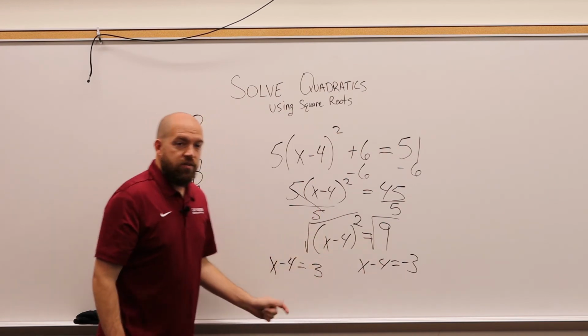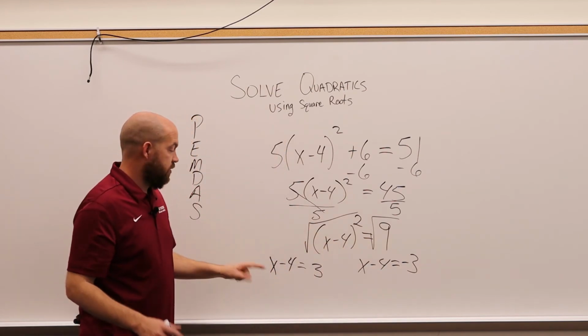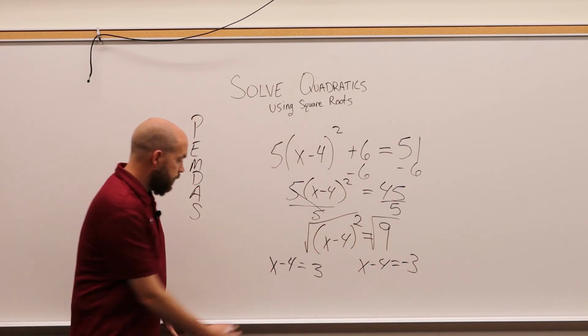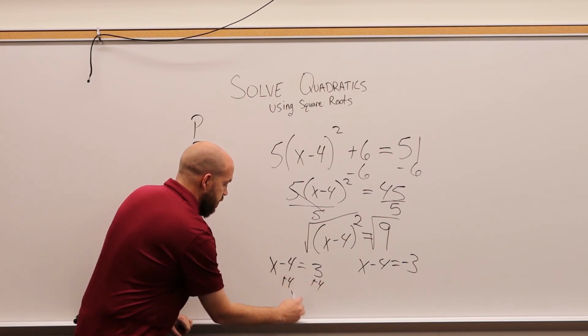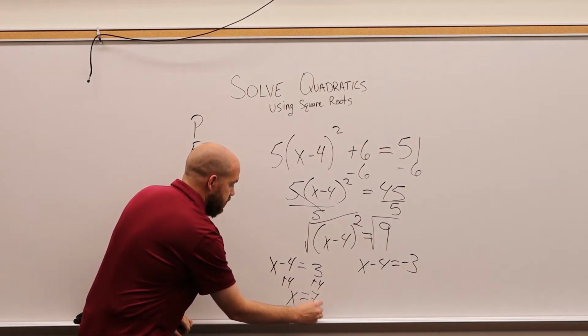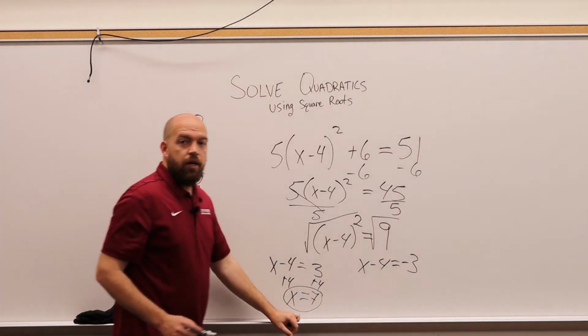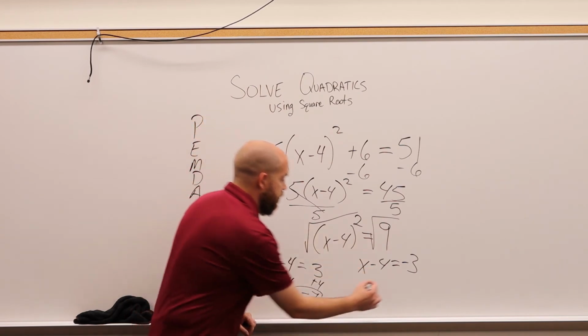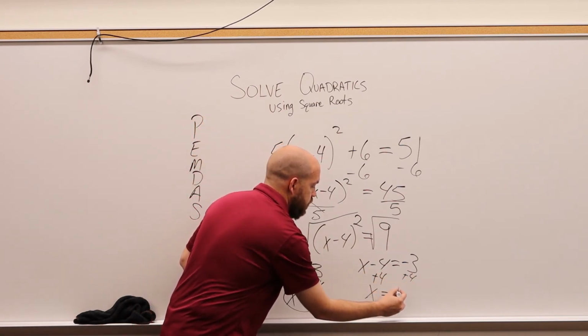Now we have two pieces. One of them equals positive 3, one equals negative 3, and let's get x alone. So I add the 4 to both sides. So on this example, we're going to get x equals 7. So there's that answer, x equals 7. On this one over here, I'm going to add 4 to it, and I get x equals 1.